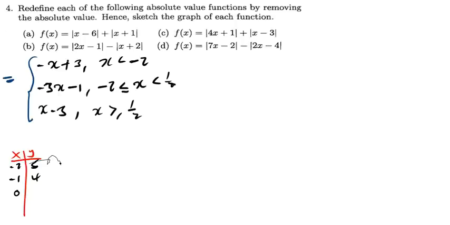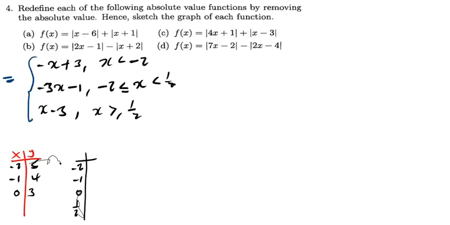If I put 0, it's going to give me 3. I end there. In between, we have been told that the values of x should be between negative 2, negative 1, 0, and half. Just like that.